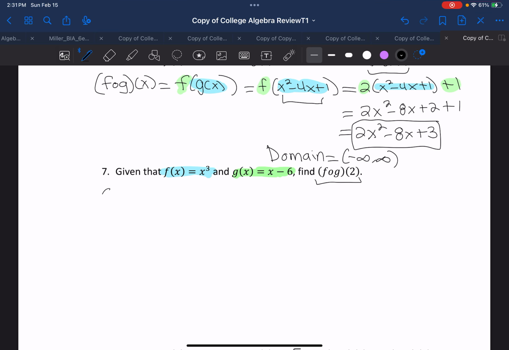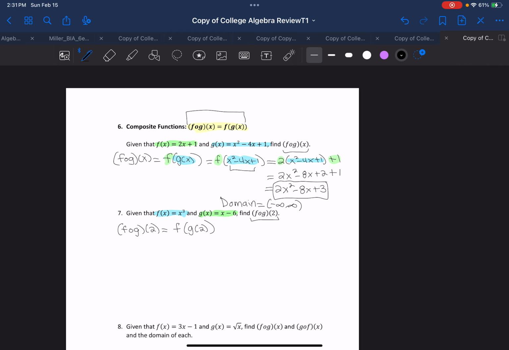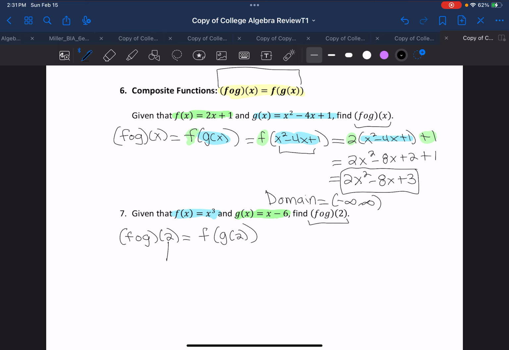So notation-wise, this is the same thing as f of g of 2, because it's the same definition as if this was just an x. I'm using the same definition up here. So inside those parentheses where it says g of 2, that's telling me to plug 2 into g.